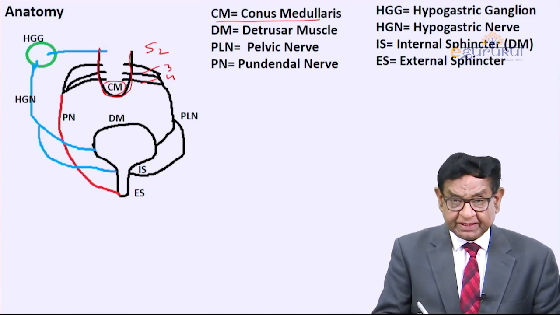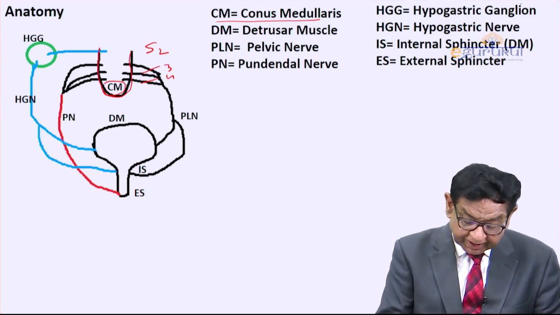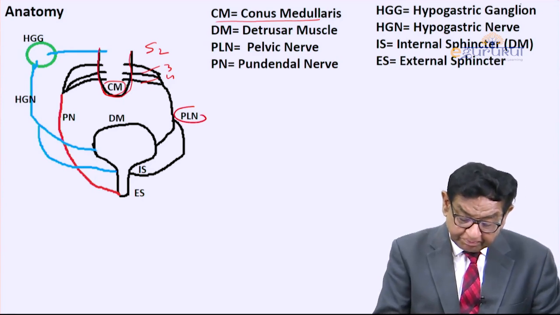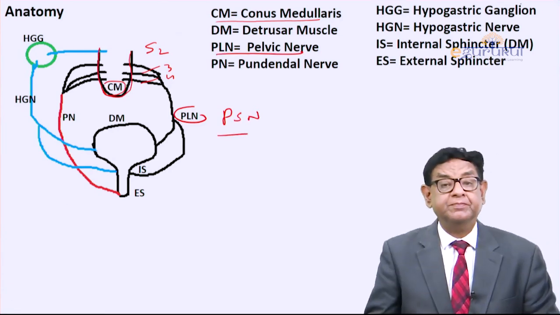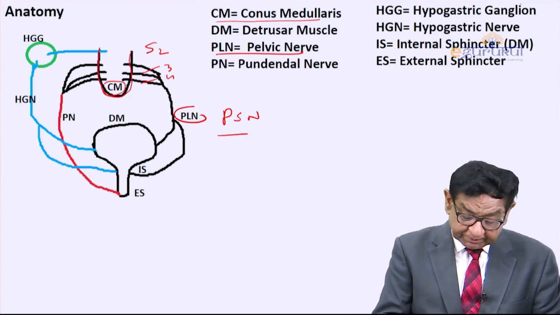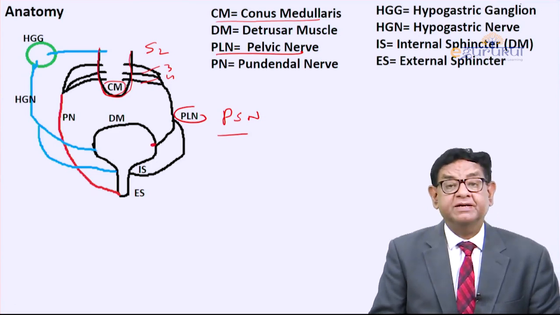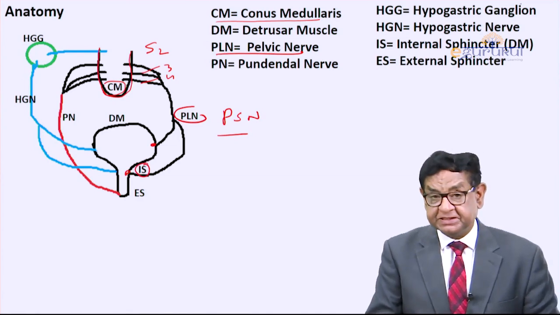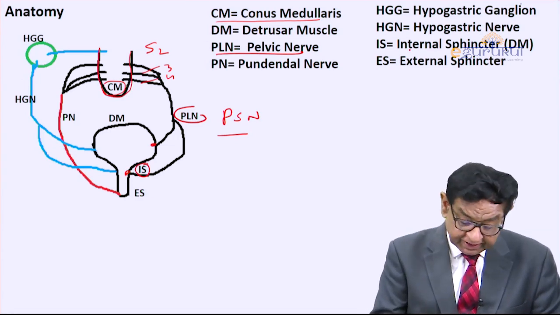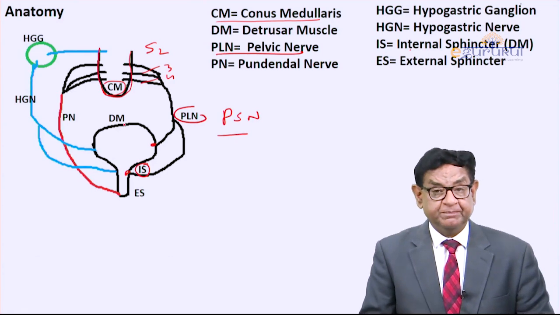These roots combine to make the pelvic nerve. The pelvic nerve is a parasympathetic nerve, and it supplies the detrusor muscle and the internal sphincter. IS is internal sphincter and DM is detrusor muscle.